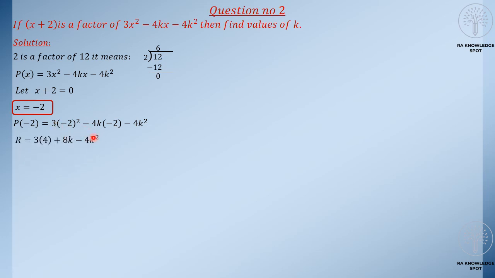This is minus 4k squared, minus minus plus 4 2s are 8k, and this is minus 2, and the power is even, 2 2s are 4, so the minus vanishes here. After further simplification, this is 12 plus 8k minus 4k squared.